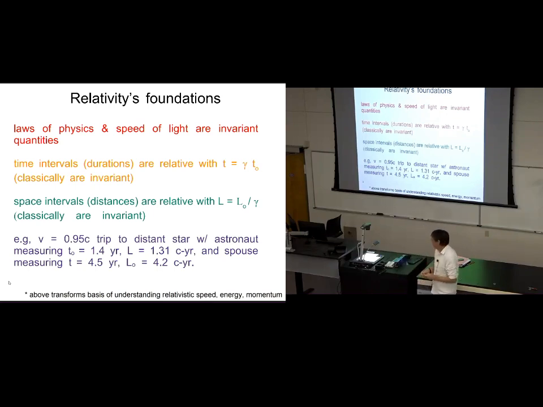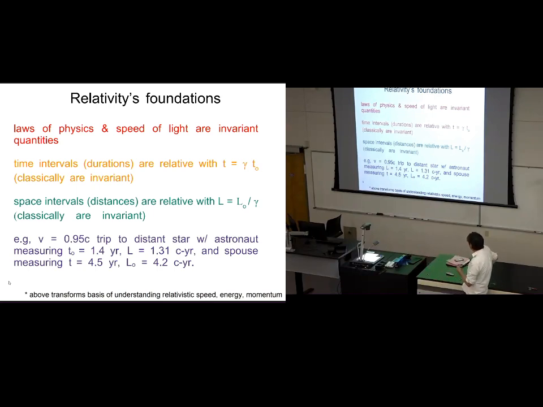And here I've just quoted the results from that calculation in the last class. If the astronaut was traveling at 95% of the speed of light, so that's very fast, close to the speed of light, so relativistic effects are big effects at 95% of the speed of light.